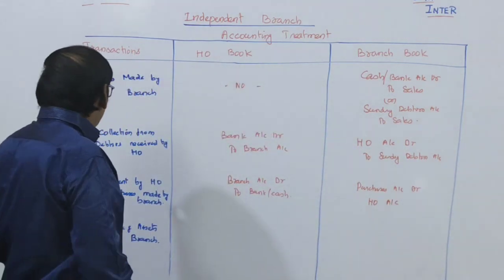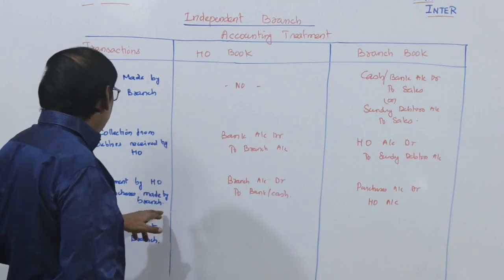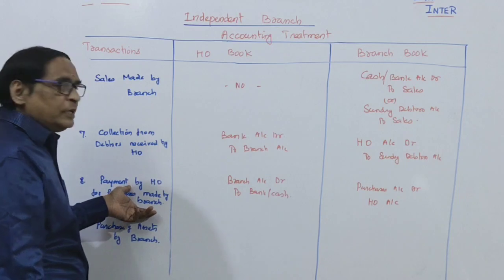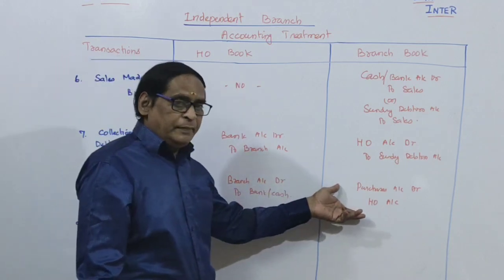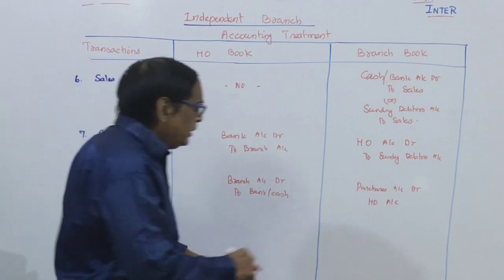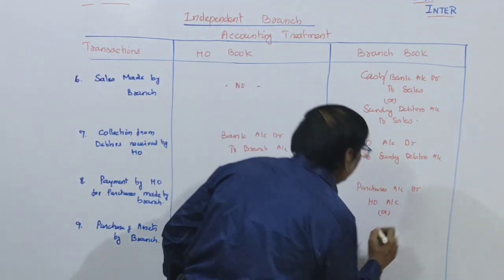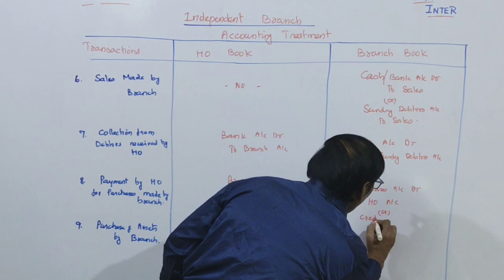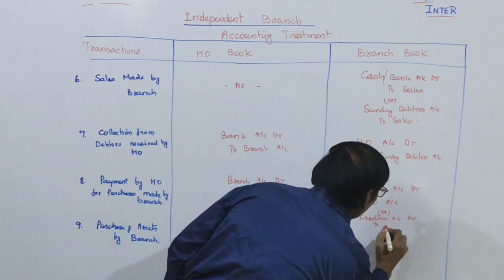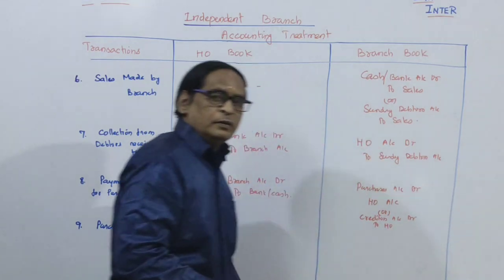Clear? If the payment is made by head office for purchases made, for example, if it is a credit purchase already made, and then for that he has paid that amount, there may be another entry: creditors account debit to head office. Understand?